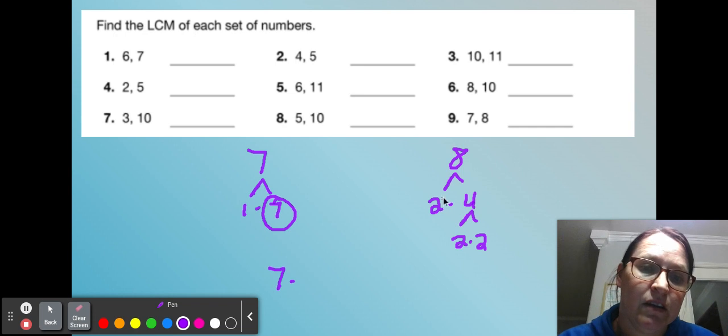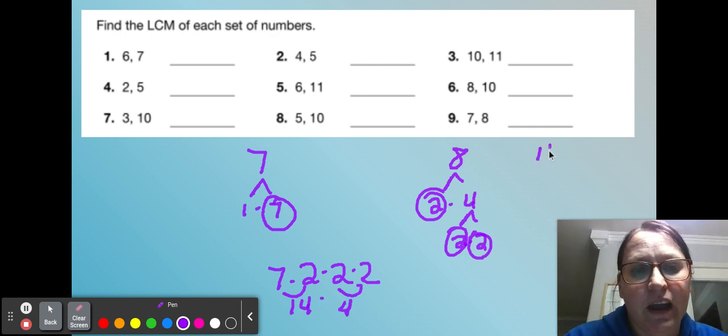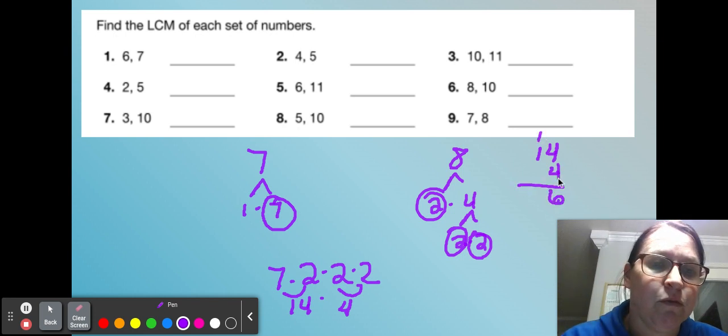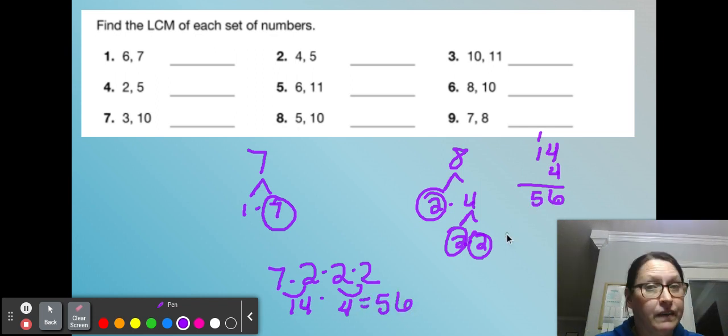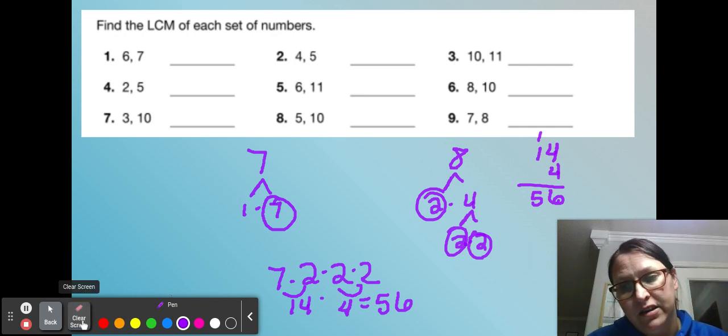So I have 7, I have 2, I have 2, and I have 2. 7 times 2 is 14. 2 times 2 is 4. 14 times 4, I can't do it off the top of my head. I should be able to. 4 times 1 is 4, plus 1 is 5, equals 56. 56 is my least common multiple of 7 and 8.